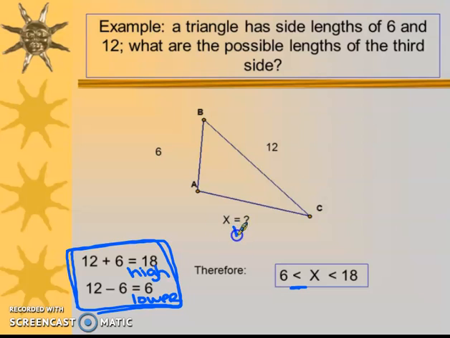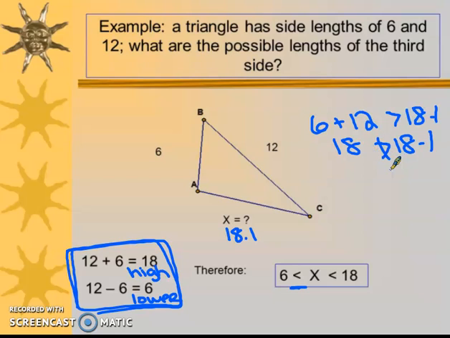Now, with 18, if I were to put 18 here, I know your triangle wouldn't look like that because 18 would be the longest side, but I put a visual so you could see it. If I take my two smaller sides, 6 plus 12 is greater than 18. Well, 18 is not greater than 18. If I were to put 18.1, 6 plus 12 still equals 18, but it needs to be greater than 18.1.